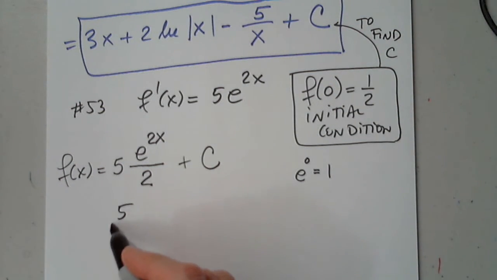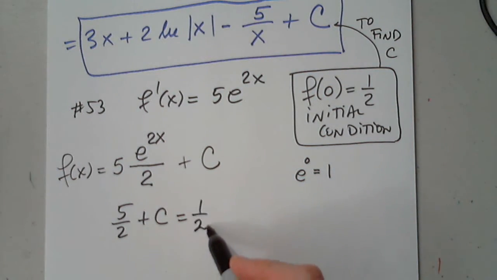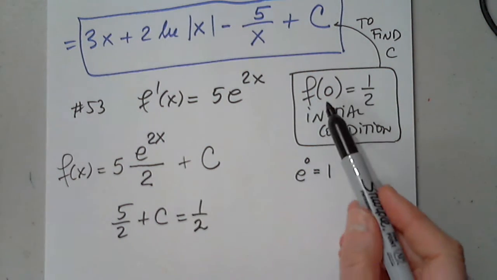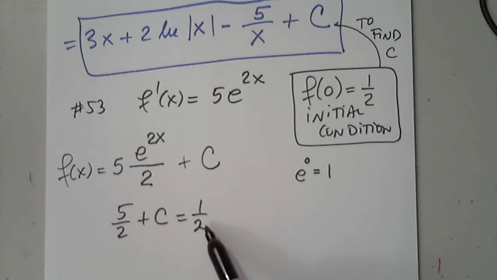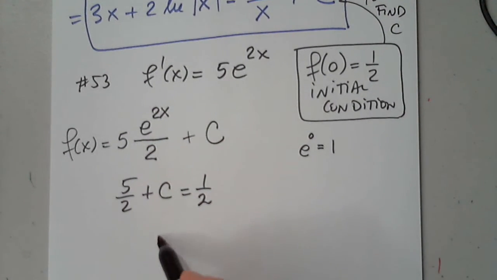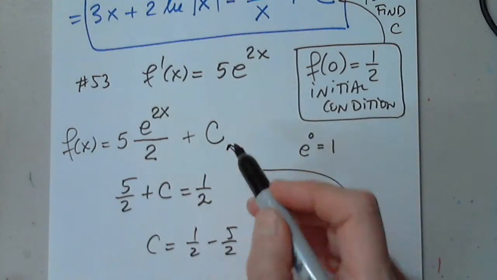So then I have 5/2 plus c equals 1/2. I move 5/2 to the other side. 1/2 minus 5/2. How much is c? -4. Yes. So 1 minus 4 divided by 2. Awesome. So then we have c.